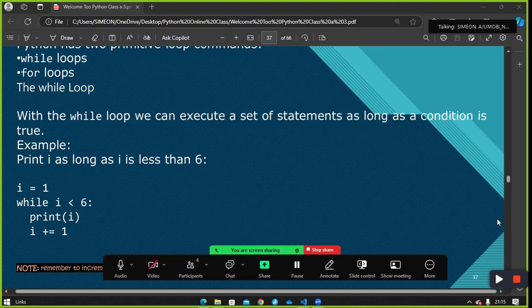You don't need to stress yourself. Exactly. Starting from what? 2. 4, 6, 8, 10, 12, 14, 16, 18, up to 100. Okay.